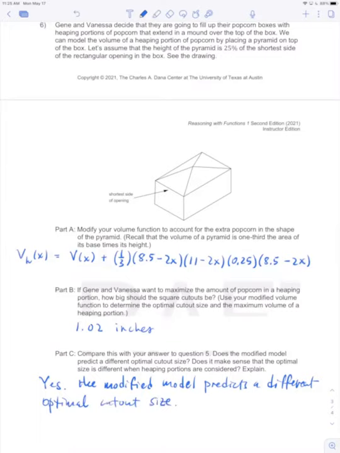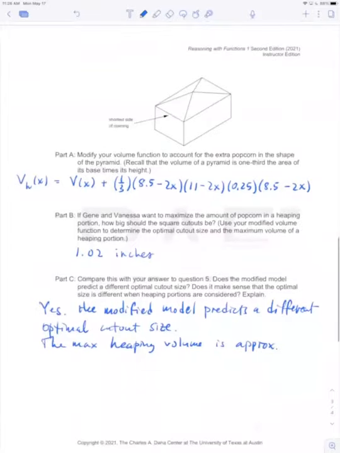The maximum heaping volume is approximately 90.2 cubic inches.